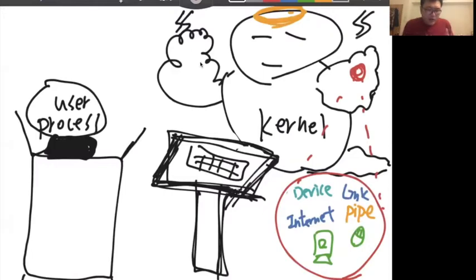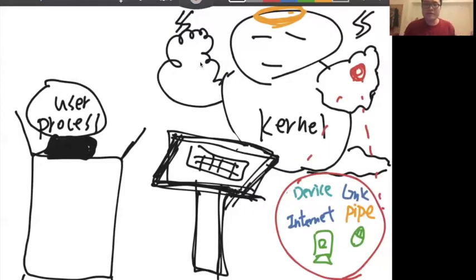And when you have this process, if you want to do something related to, for example, your device, your network, your link, some pipe, this kind of stuff, you need to tell the kernel, because the kernel manages everything for you. So this is kind of an abstraction. If you want to talk to another process, you also need the kernel to help you figure out how to do it, because the kernel is trying to control everything.